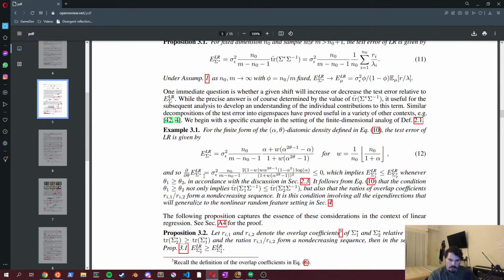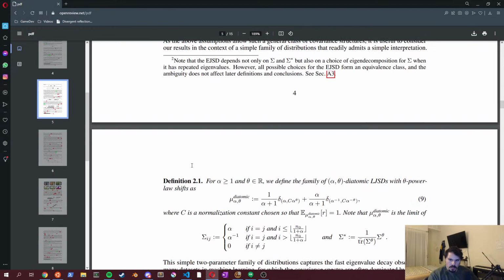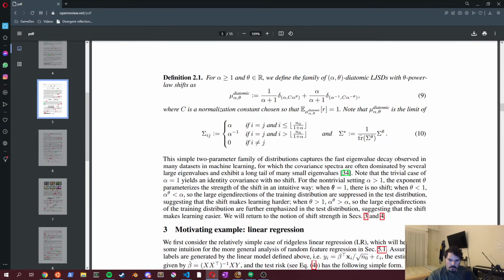And they say, what if we look at the derivative of this with respect to theta? They get this thing, which they say has to be less than 0. Okay, so they're saying that if you have two different thetas, which I guess theta is ultimately like the shift somehow.